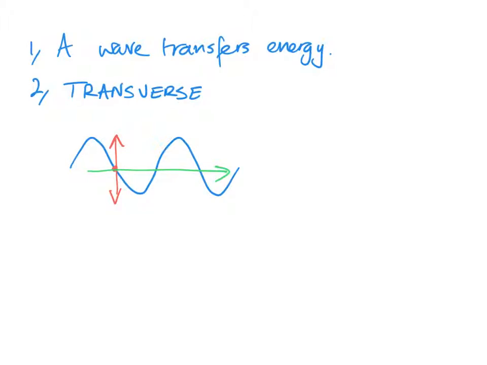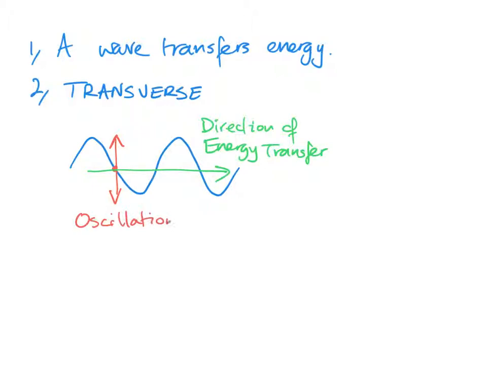Okay? So we'll put a formal definition in a second, but the green arrow there is the direction of energy transfer, because we've just said waves transfer energy. And the red arrow is the oscillation or vibration or disturbance, any of these words would do, of the medium.